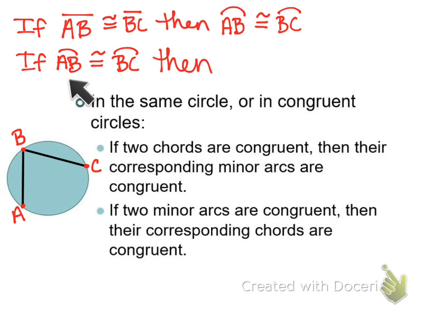So the chord that formed arc AB is segment AB, and it would be congruent to the segment that formed arc BC, so that is segment BC. And if you want to mark your diagram with the little congruent marks, you can. If the chords are congruent, the minor arcs are congruent, and vice versa.